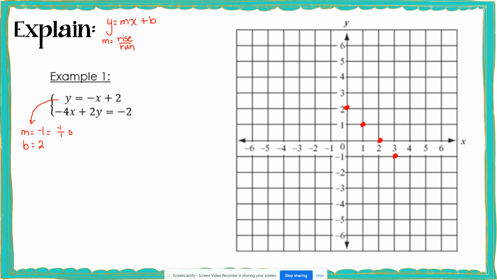Remember that sometimes you'll do this and you never find an intersection. Well, you can also write the slope in the exact opposite way. So I can change both the rise and the run to their opposite. So -1's opposite would be +1, and +1's opposite would be -1.